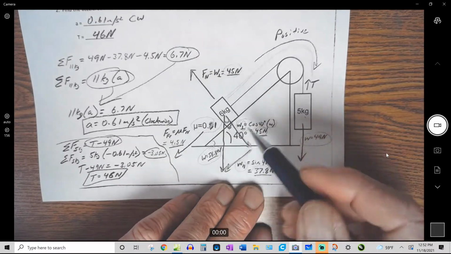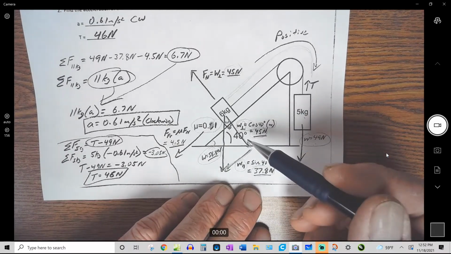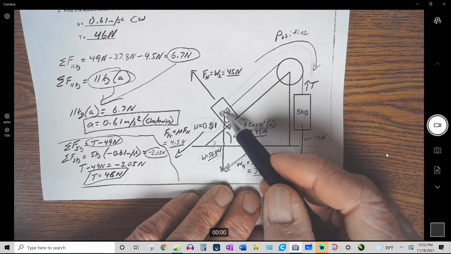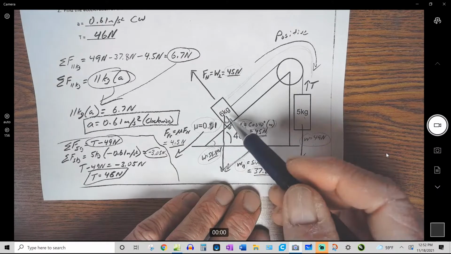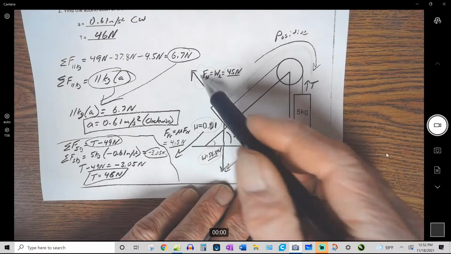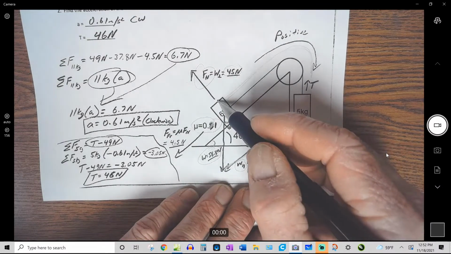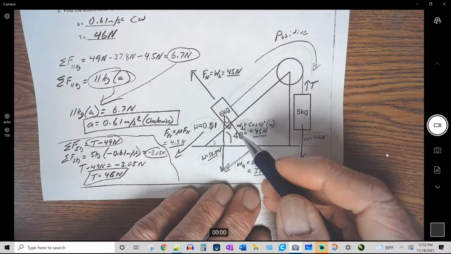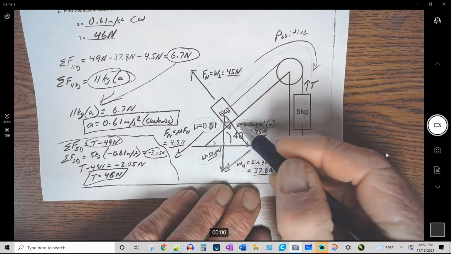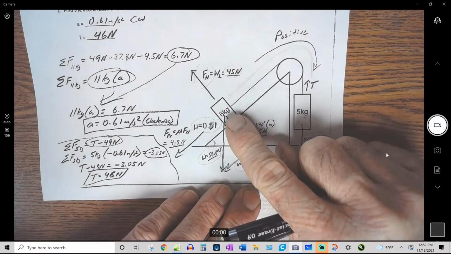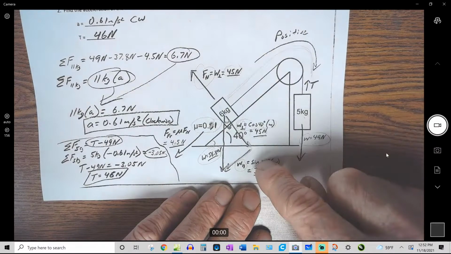All right, so there are more forces. There's going to be friction. I'll get to that in a minute. But there's also the normal force. And the normal force is perpendicular out of this surface. Now you can count on the fact in this problem that this block is not going to fly out into the air. It's not going to go into the hill.